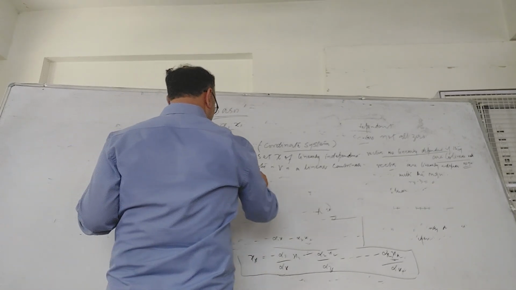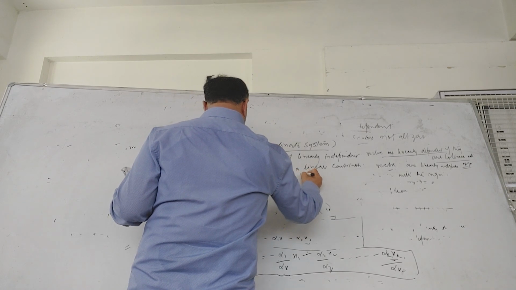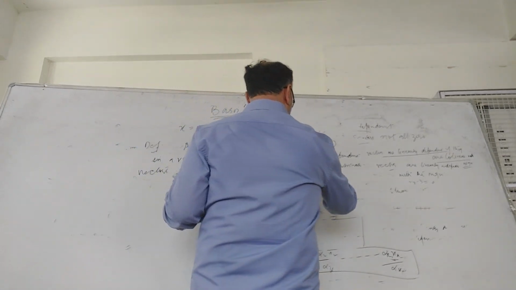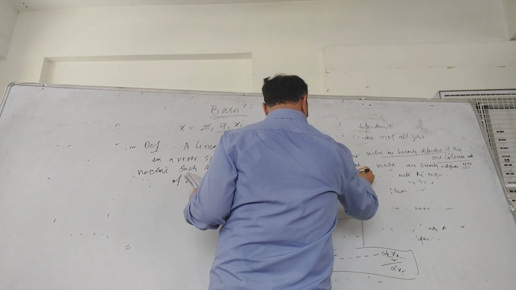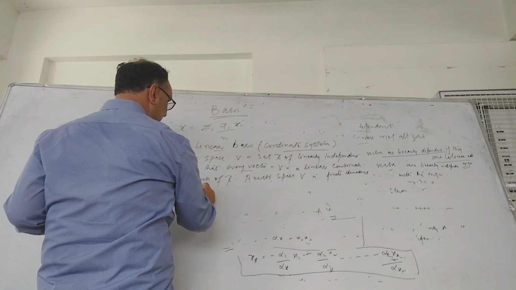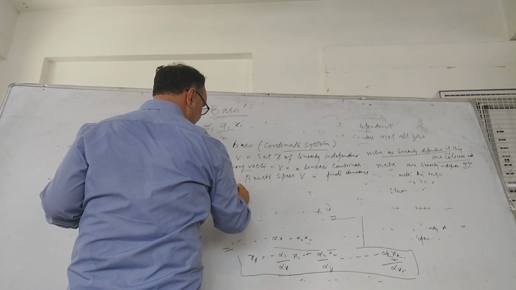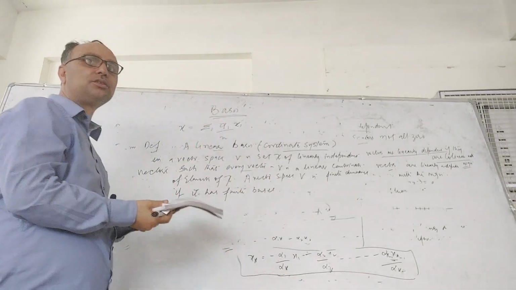So a vector space V is finite dimensional if it has a finite basis. So this is important.